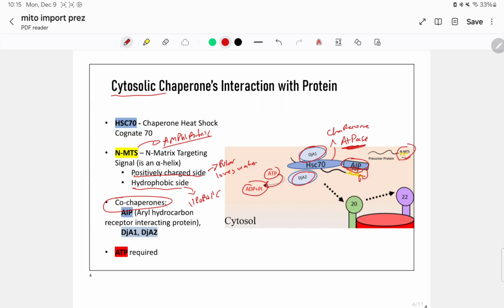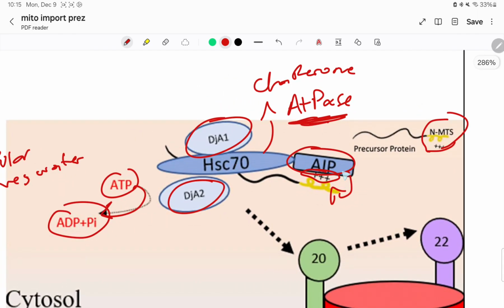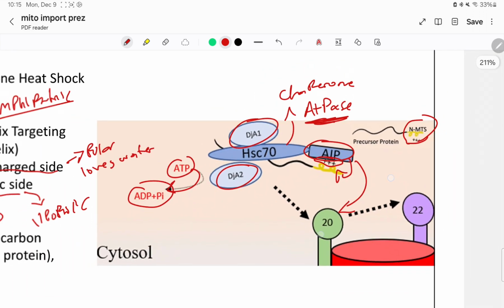What else does this AIP do? Like I said, AIP binds to this N-terminal matrix targeting signal, specifically to the positively charged side of it. And AIP is responsible for binding to this protein called TOM20.